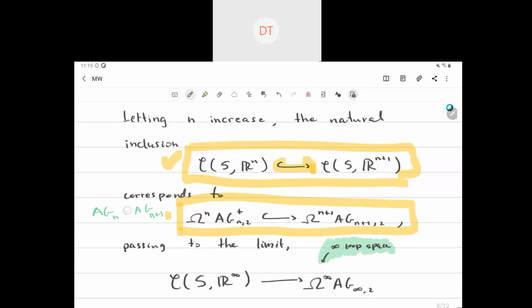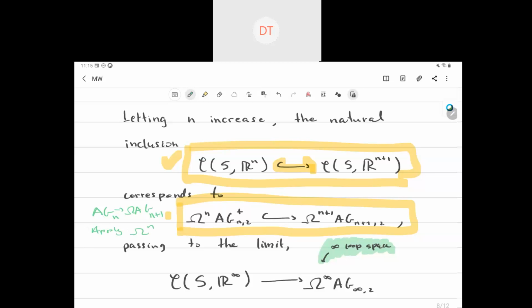I'm sorry, there are 2 loops. So one way to produce this is to get a map like this and then apply loops N, and that induces a map exactly like we want. So that's one way to define such a map.